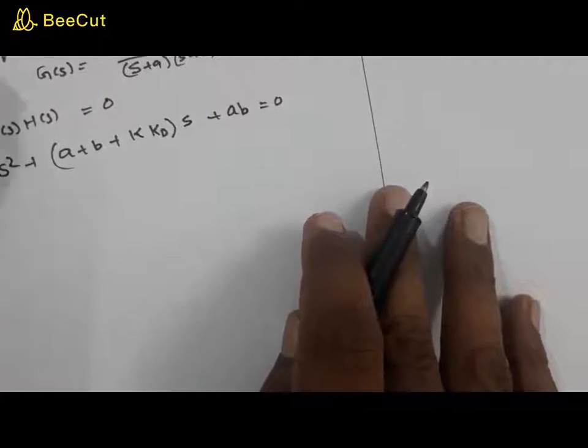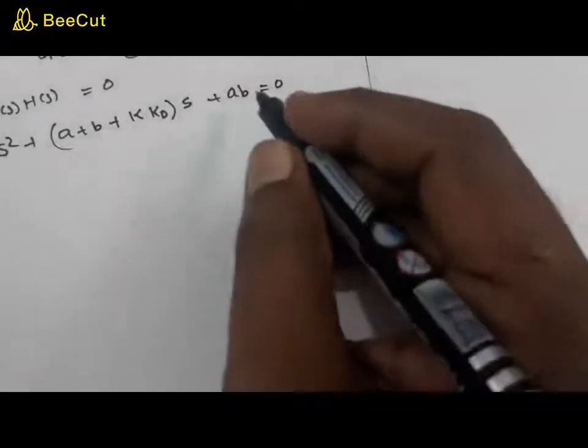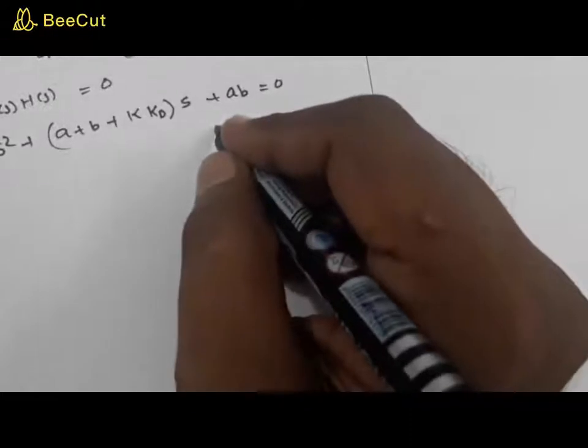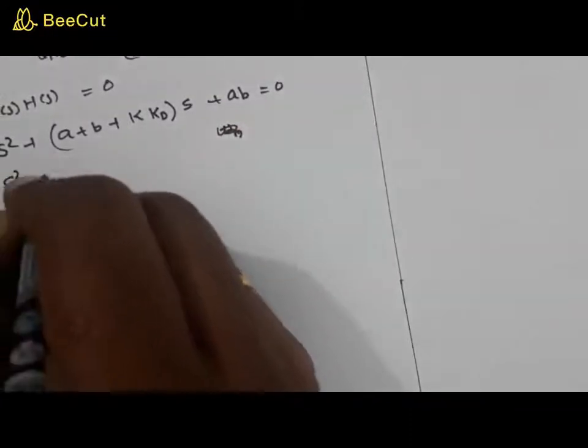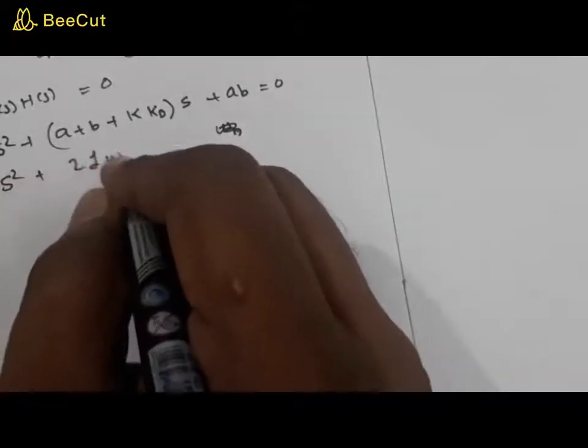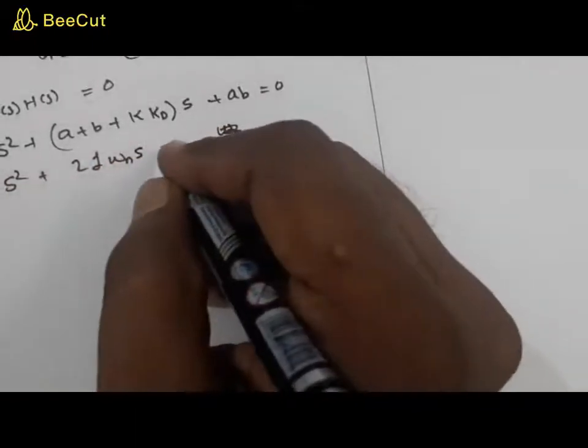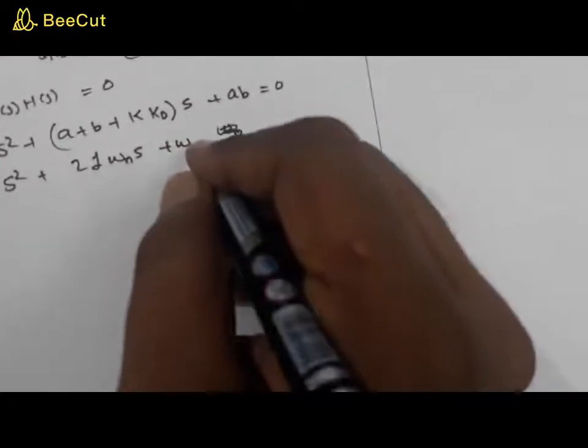damping ratio. Now how will you find out the damping ratio? From this you can find out omega n square. This is equivalent to s square plus 2 theta omega n s plus omega n square.